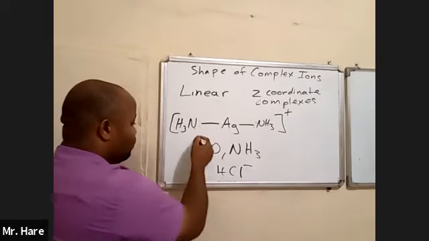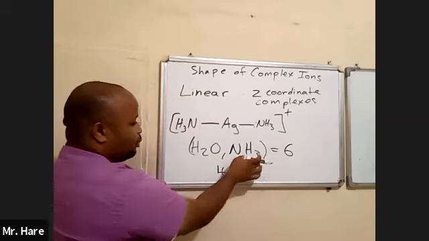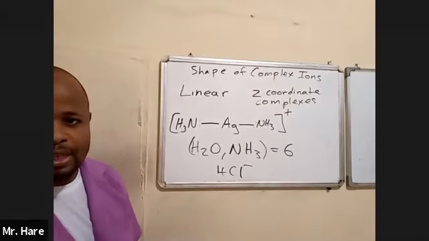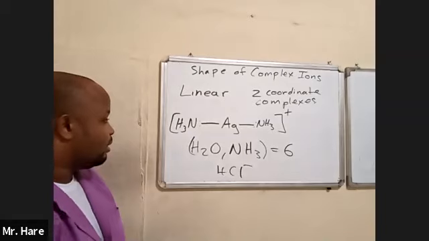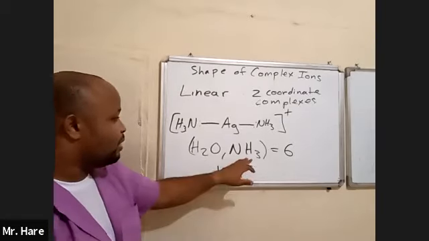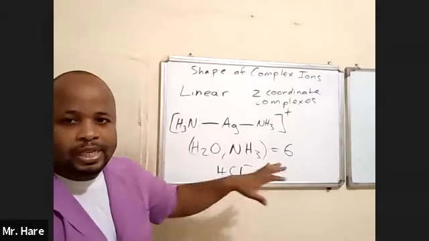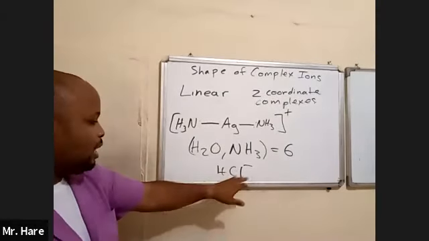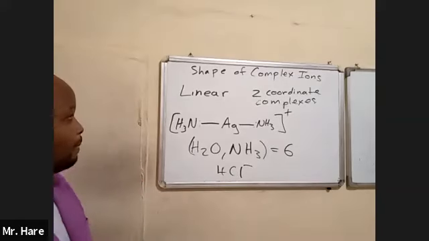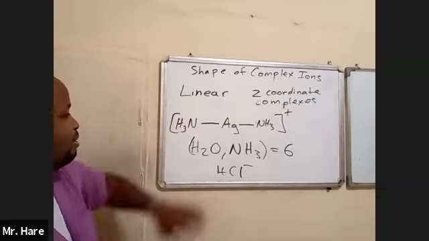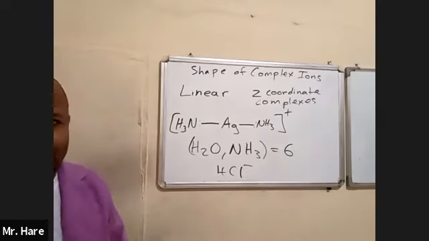These two are small, so they can form octahedral complexes, the one with 6. This one is larger, so you can fit 4 of them. Linear, you just need 2 of your ligands. Tetrahedral, you need 4.